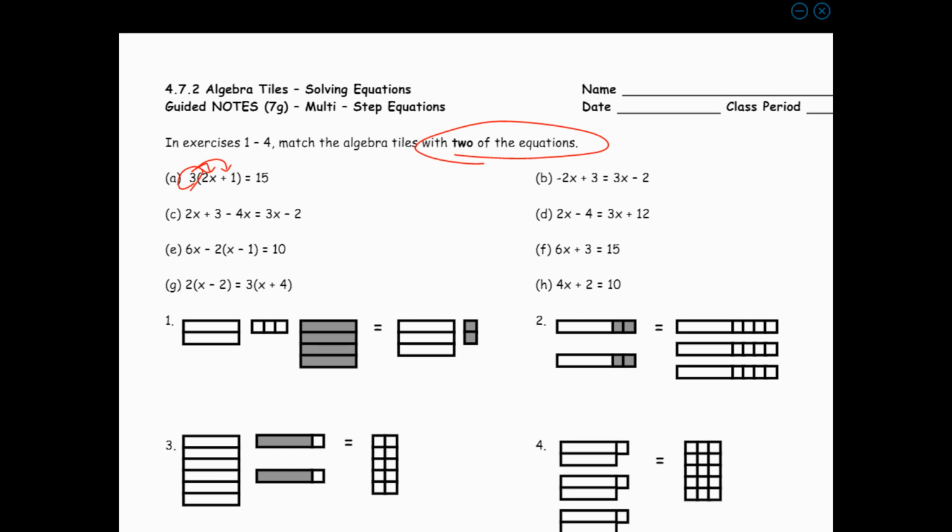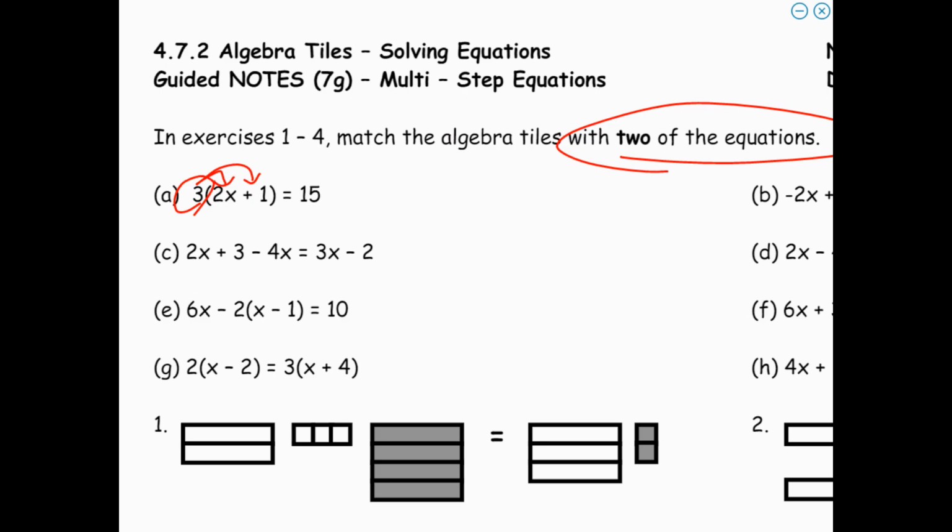If I multiply this 3 times the 2x, what would I get? 6x. You have to do the 1 too. So 6x, and then 3 times 1 is 3. Does it affect this 15 on the other side? No, it only goes to what's in the parentheses immediately behind it.